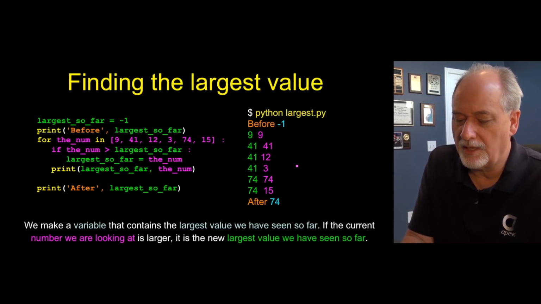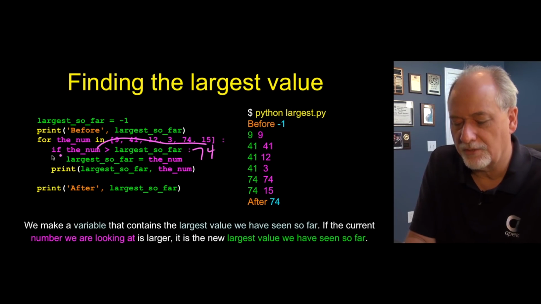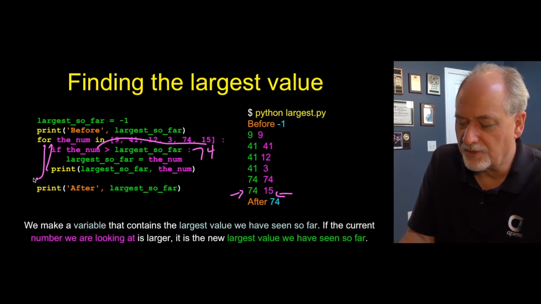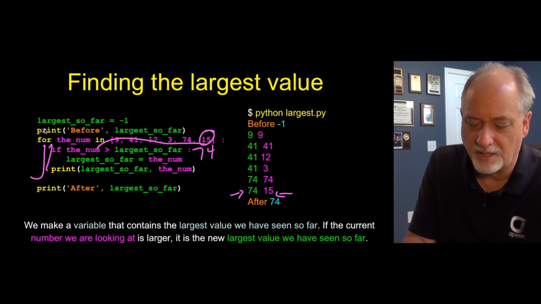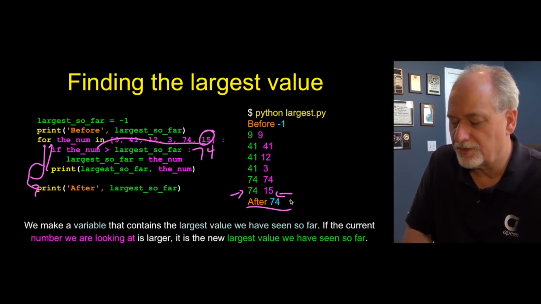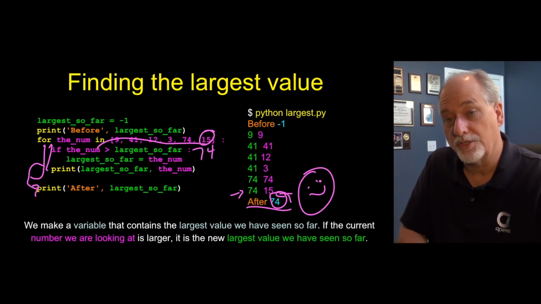And then we run it again with 15, but 74 is our largest so far, and so it skips. So 74 remains largest so far after 15, and now we're finished because we just ran the last thing. The for loop takes care of everything and jumps to this print statement and says afterwards, largest so far is 74. But at this point, it's also the largest, right?